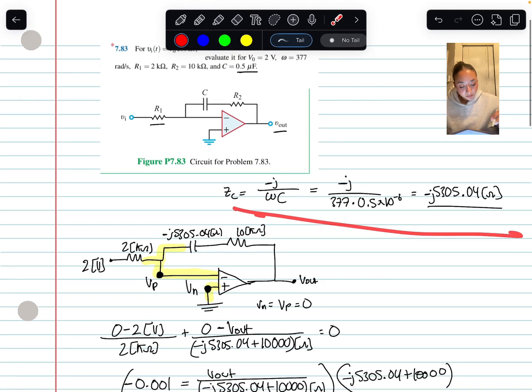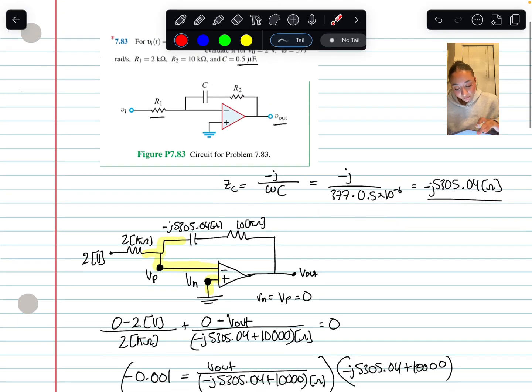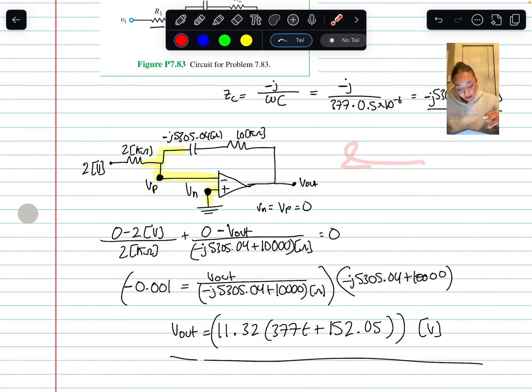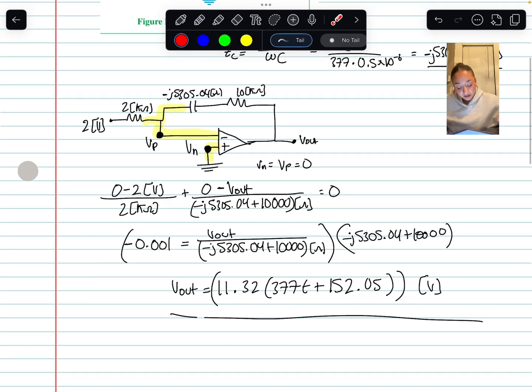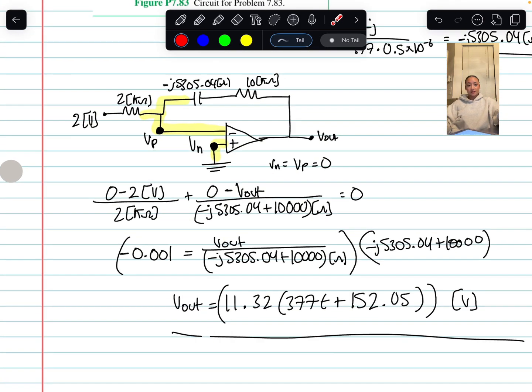Just to recap, we found our impedance for the capacitor, and then we redrew our circuit so we can test out all the values and get V out. Then we did a node voltage equation, and I did 0 minus 2, and this is 0 again because they're both the same node connected to ground, so the voltage is 0.